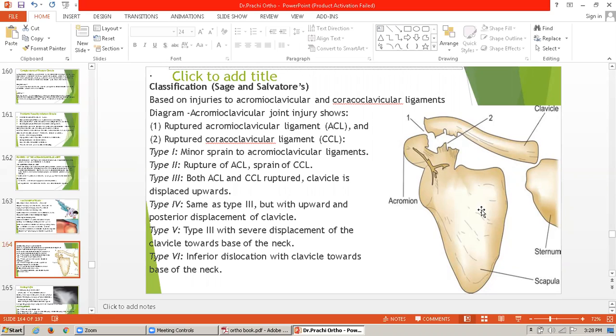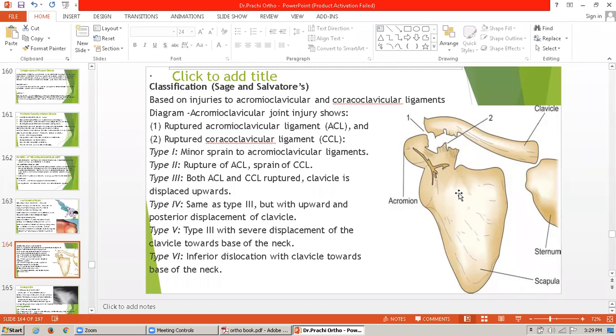The diagram shows an acromioclavicular joint injury, with a ruptured acromioclavicular ligament, that is ACL, and a ruptured coracoclavicular ligament, that is CCL. In type 1, there is a minor sprain to the acromioclavicular ligament.